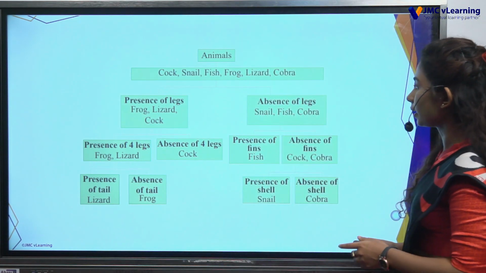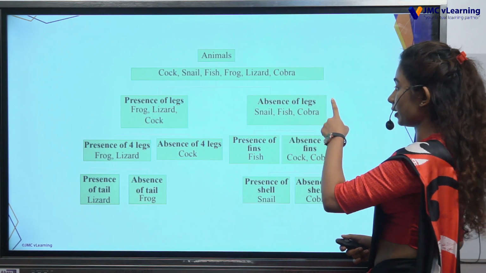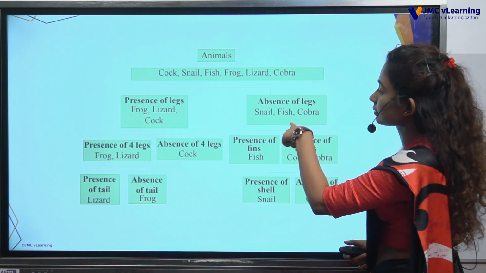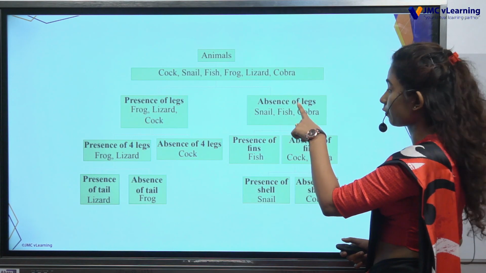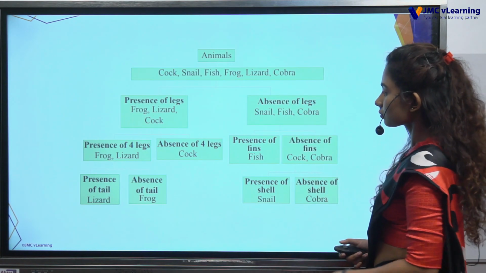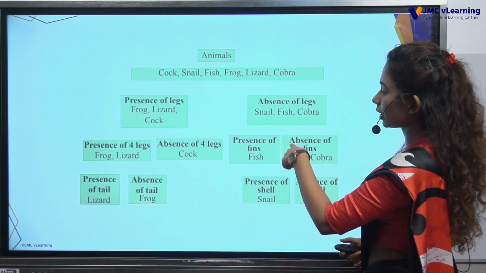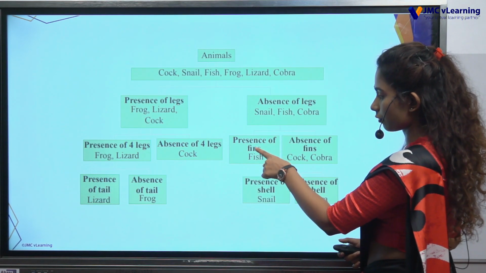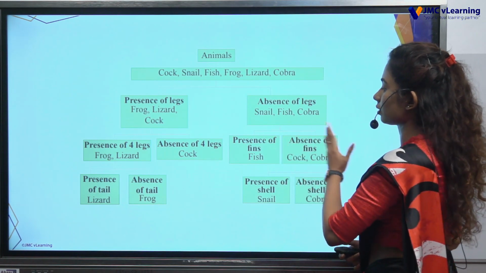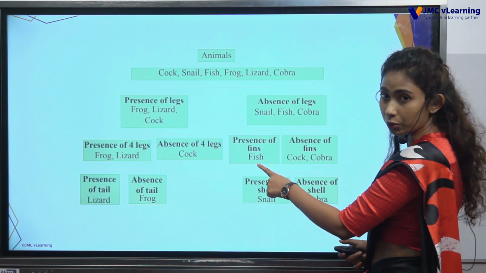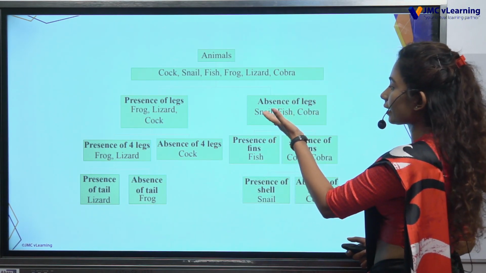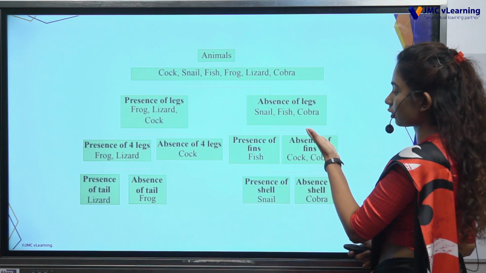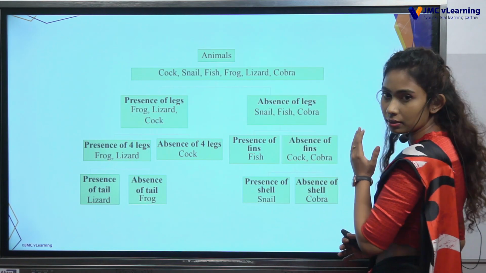When we come to this part, absence of legs has 3 animals: snail, fish, cobra. Using the feature fins, presence of fins and absence of fins, we divide them into 2. Fish are included in the present feature, and the snake and cobra in the absence group.